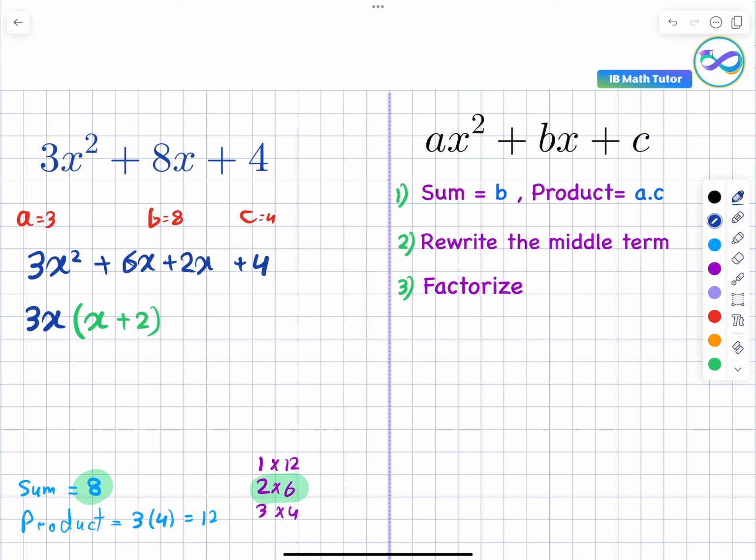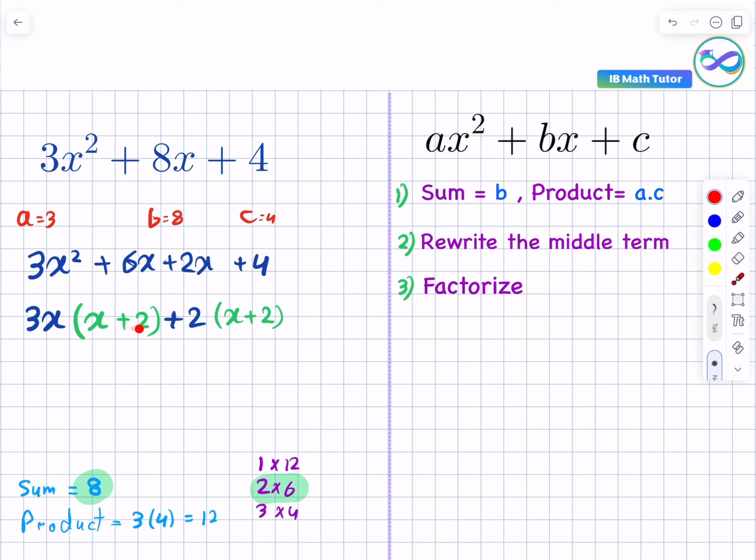Now, from the second pair here, we can factorize out 2, so plus 2, and then we will have also x plus 2. Now, pay attention here, we have the same brackets, x plus 2 and x plus 2, and they must be the same to continue. If they are not the same, we might have a mistake in a step.